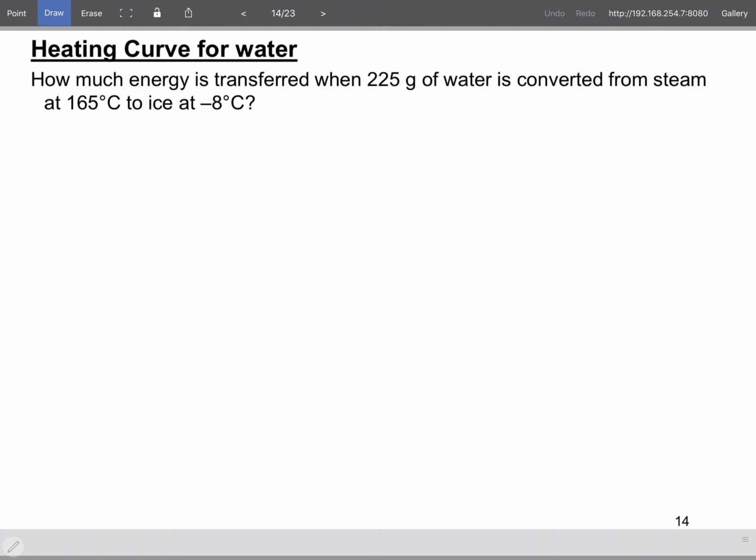So remember, if we start at ice and go to steam, we're putting energy in. If we go from steam to ice, we're giving energy off, so it's negative. Okay, so the question here is how much energy is transferred when 225 grams of water is converted from steam to ice.